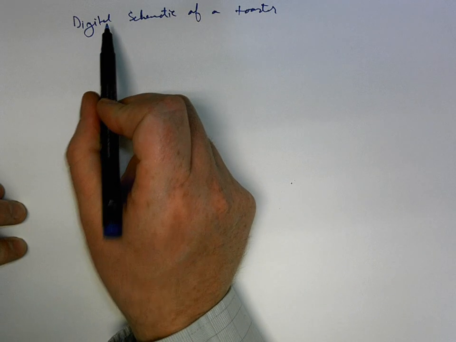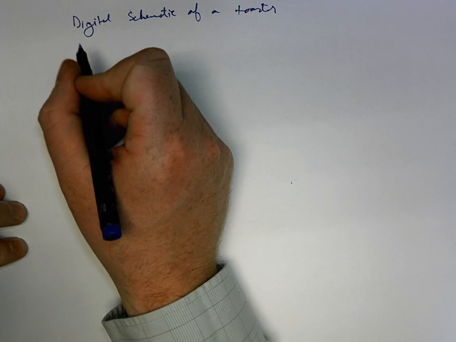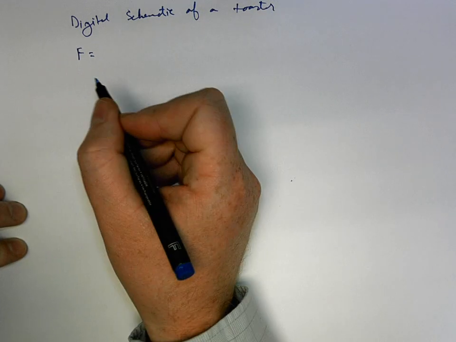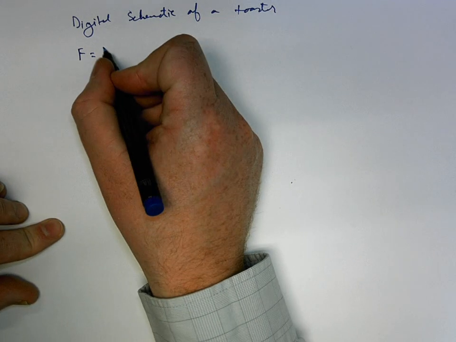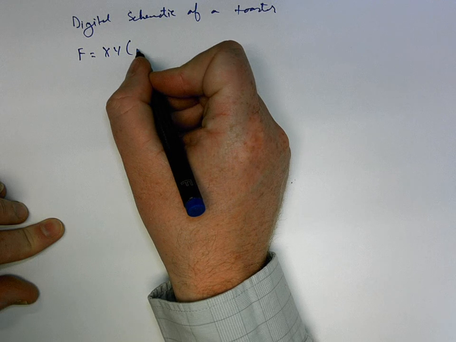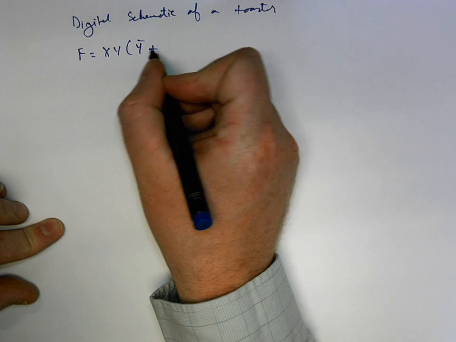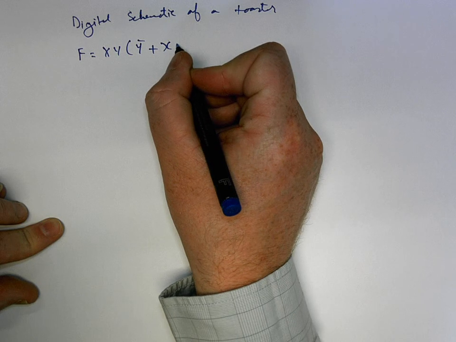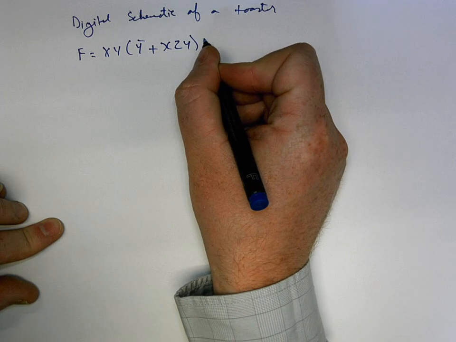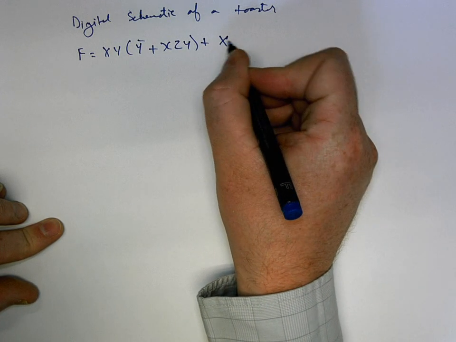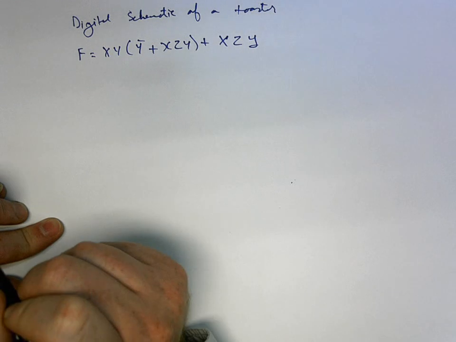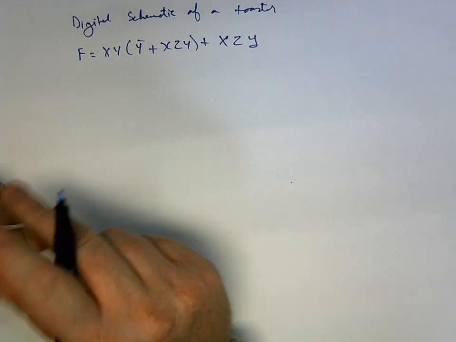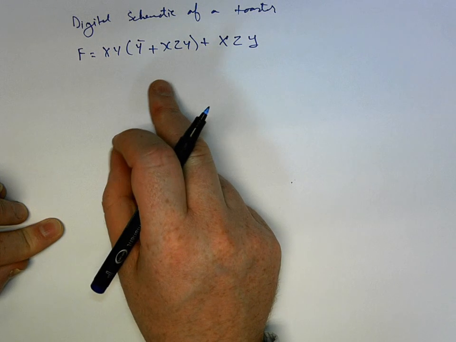Now this is represented as a functional expression, so we can say that f, which is the functional, is equal to x, y, in brackets we've got the complement of y, or x, z, y, or x, z, y. So using our knowledge of the Boolean algebra, we can reduce this logical expression down.